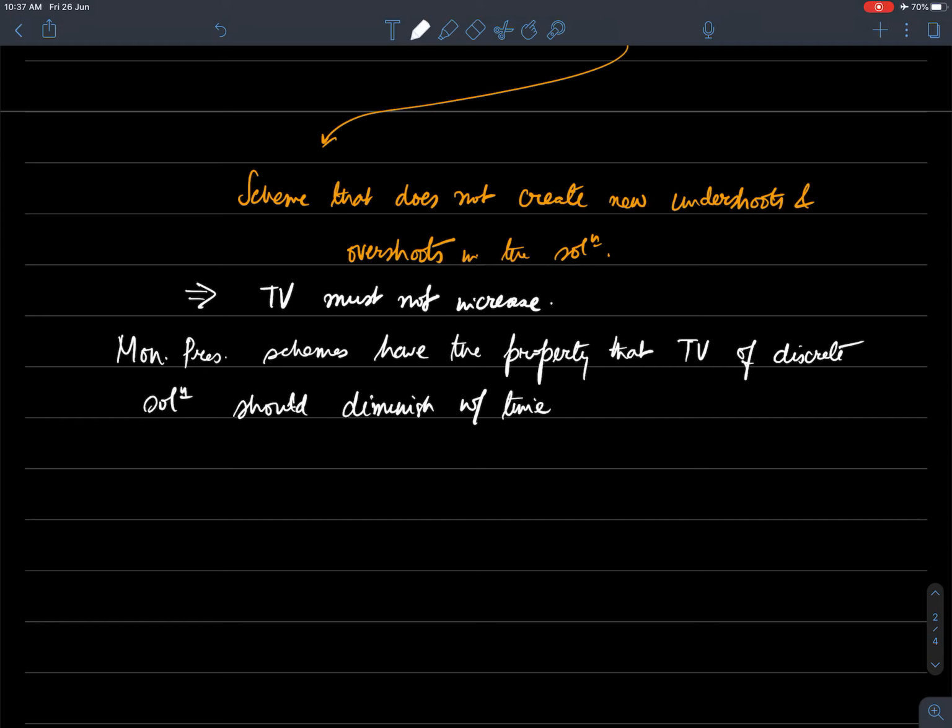And since the total variation is diminishing with time, this is the reason we call these schemes total variation diminishing, or TVD.